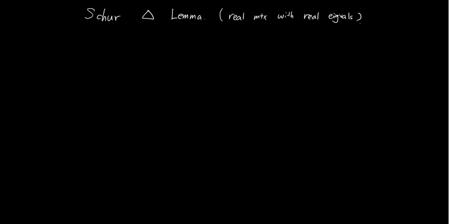So again, A is a square matrix over R, but for some reason we already know that the eigenvalues are all real. Then basically the same thing follows, but now Q and T can be real matrices.